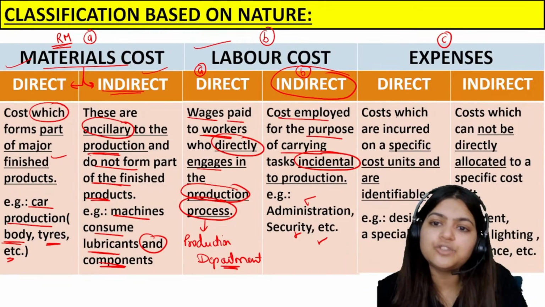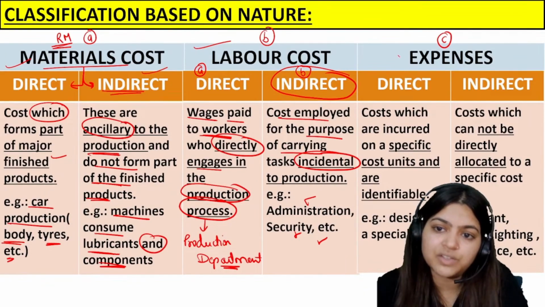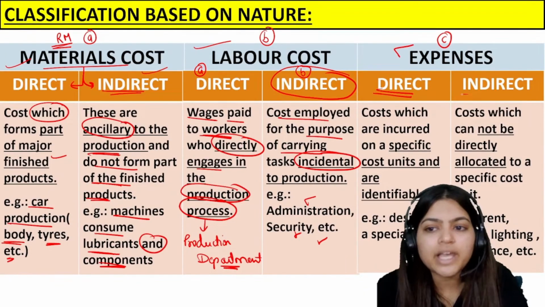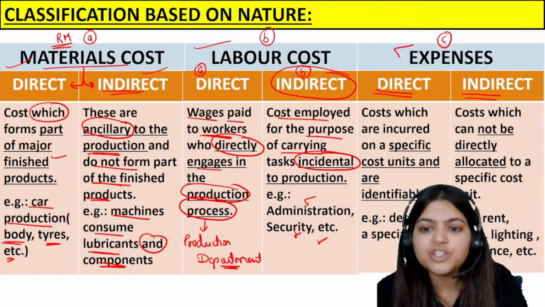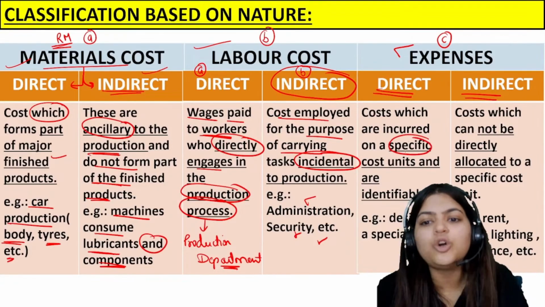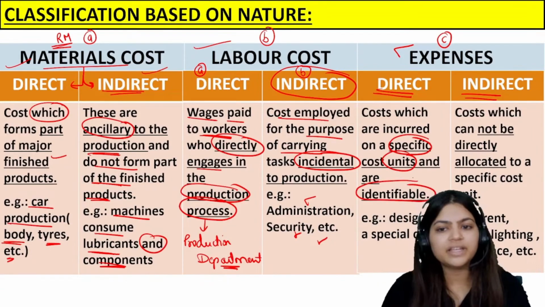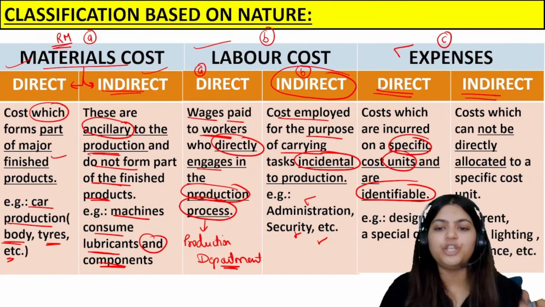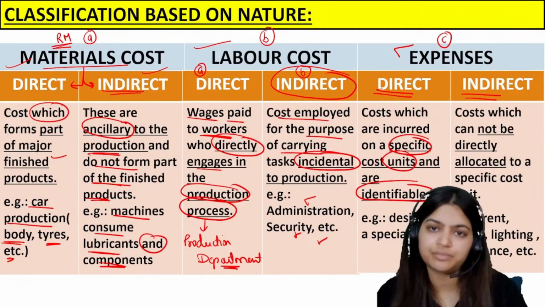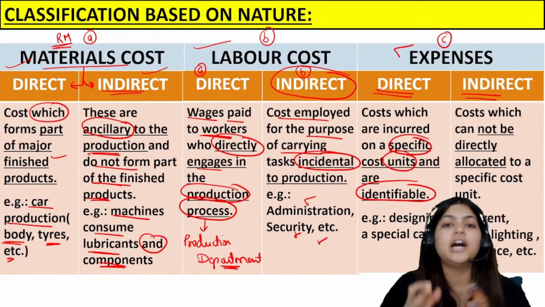Then coming to the next one, that is expenses: direct expenses and indirect expenses. Direct expenses are costs incurred on specific cost units and are identifiable, like a special car design.